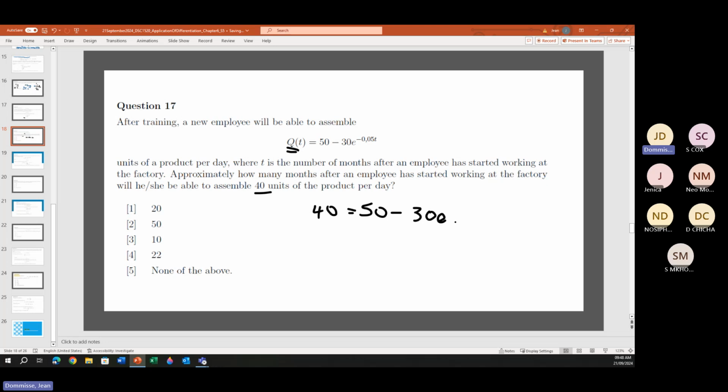So the rest of the formula is there, we just need to work out what the T is. So we don't need to differentiate or anything.